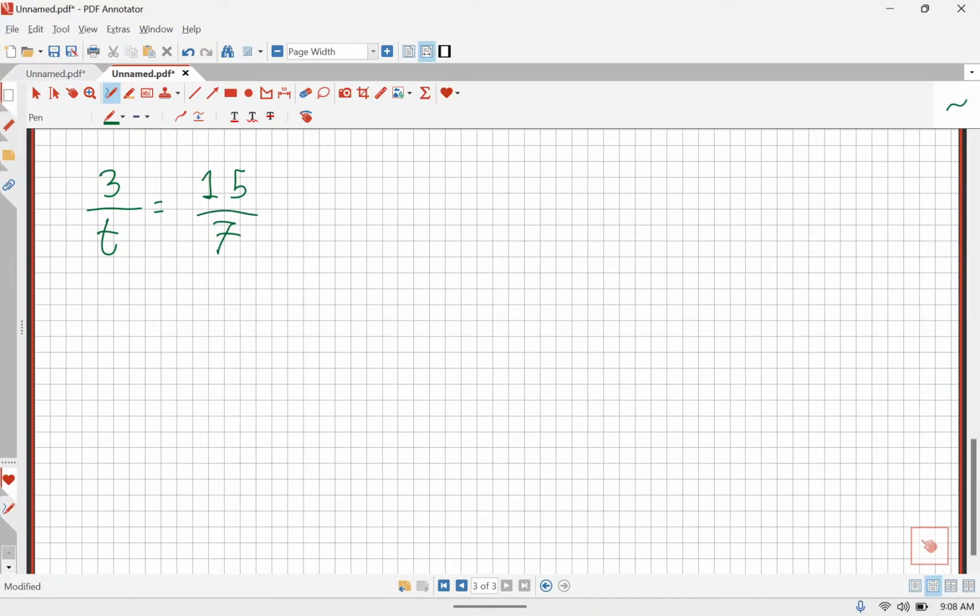That one is a little bit different. When I say teach, I want you guys to say, okay, what do you think is going on here? If I'm saying 3 divided by this number is the same thing as 15 divided by 7, what could that number possibly be? Give it a try and teach.